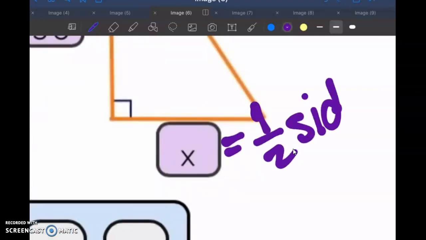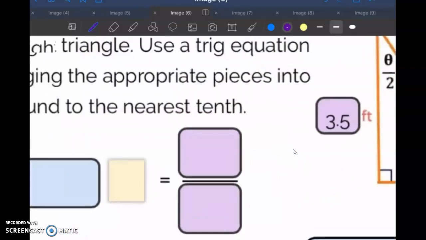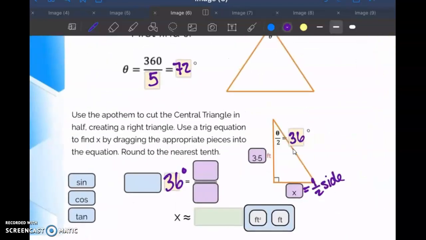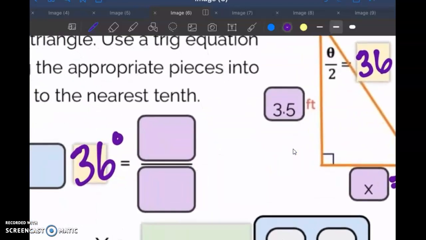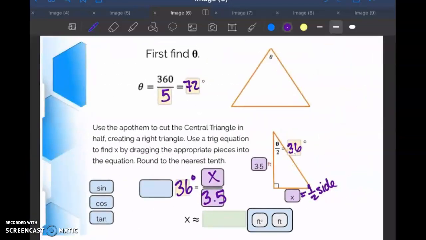If we can find half of a side, then we can find the whole side, and then we can find the perimeter. We know the apothem, that's 3.5 feet, and we don't know the half side, the base of the triangle.